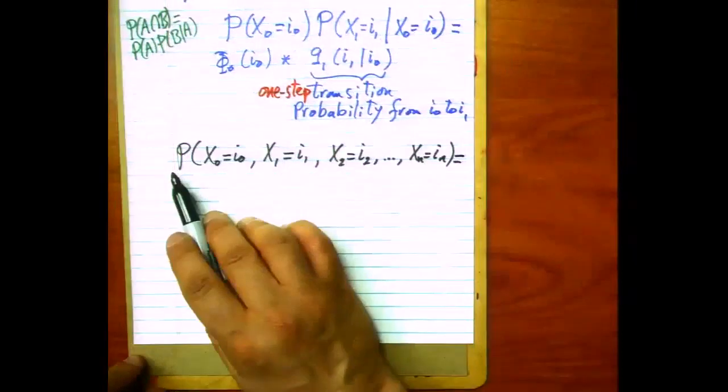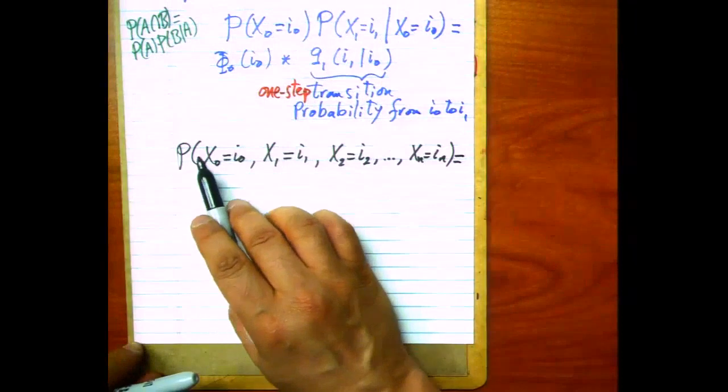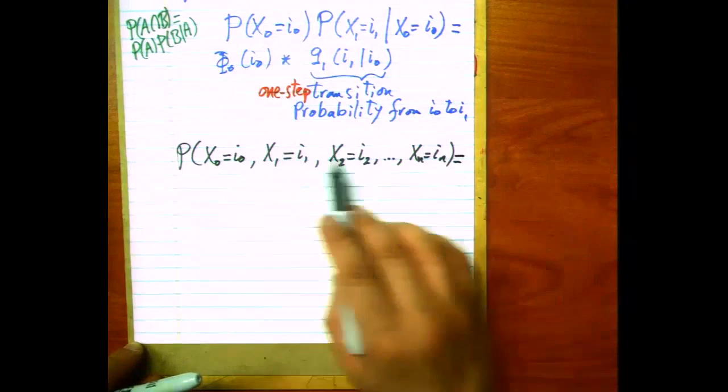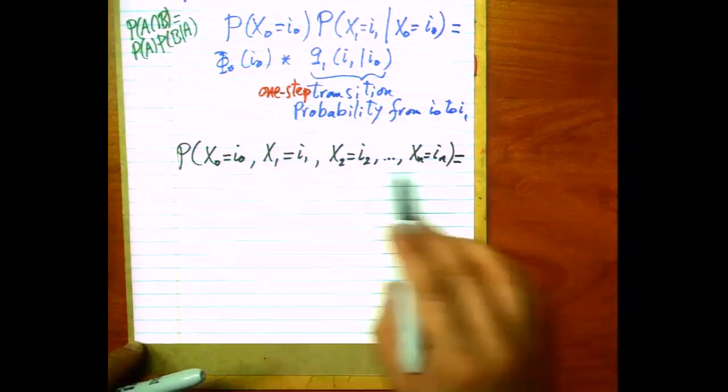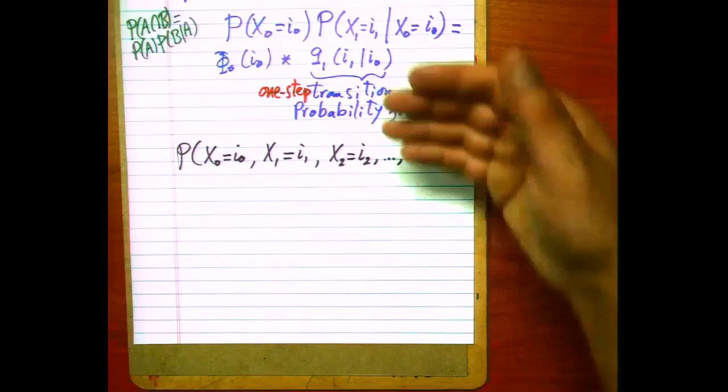We succeeded in our goal to find the joint probability distribution of the trace of the process throughout its course, from time 0 to time n. Because remember, in probability, we studied probability distributions. Why? Because once you get the probability distribution, you can calculate probabilities for events, talk about the mean. You can do lots and lots of things when you have the probability distribution. That's why we are going through this.